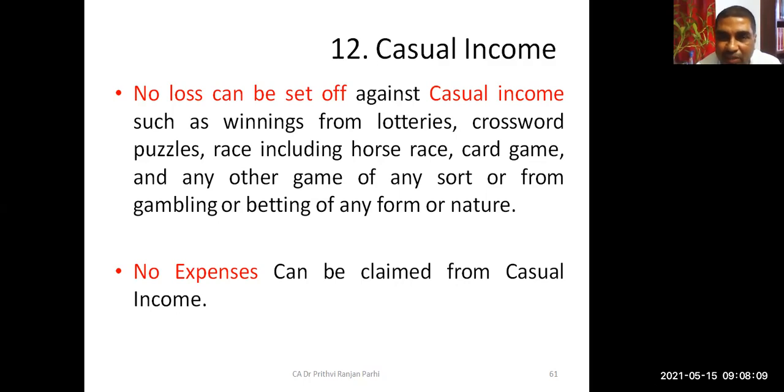Examples I can give you are winnings from lotteries, crossword puzzles, races including horse races, card games, or any other game or any sort of gambling. All these are examples of casual income, and no loss can be set off against them. Also, no expenses can be claimed for casual income. So this concept you have to keep in mind.